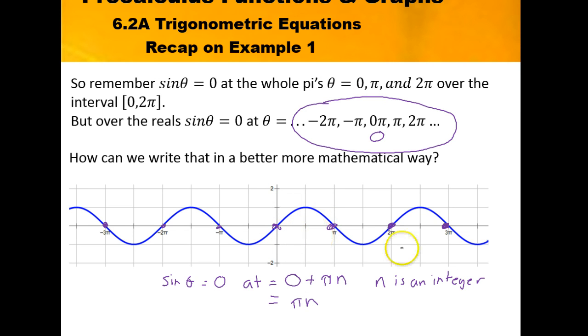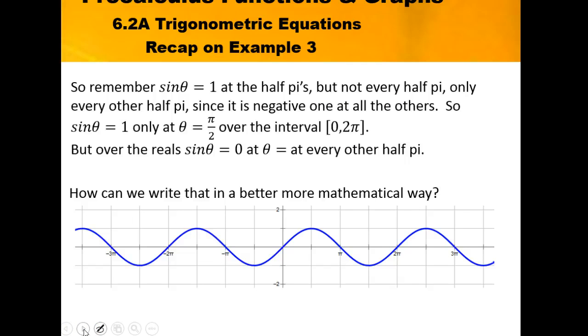Let's look at the next slide. Okay, but this is where it gets tricky. So here, it's 1 at the half pies, but not every half pi. Okay, so it's 1 at the half pies, but not every half pi. It's actually every other half pi.